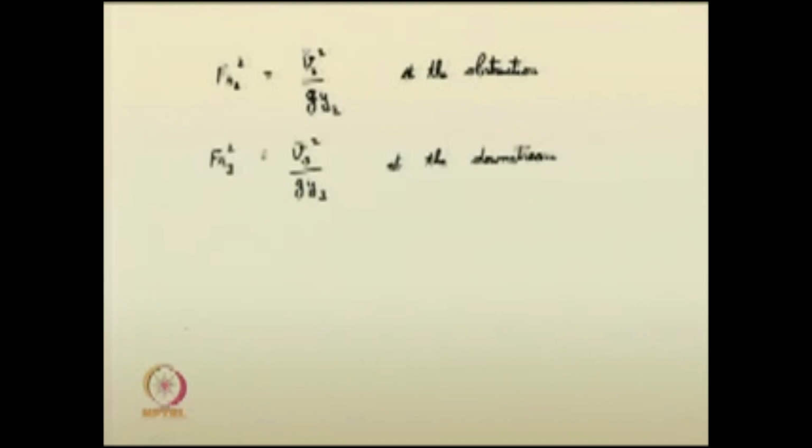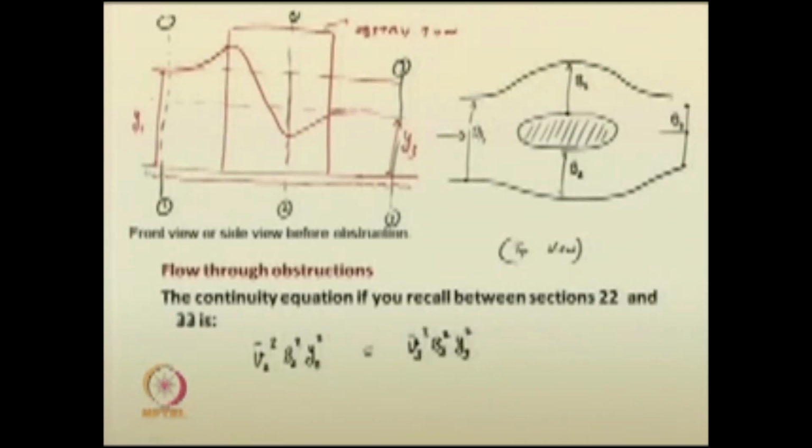So, you can now use this Froude number criterion. Also, assume a parameter. Say we are dealing with an obstruction, so you have B1, the width of the rectangular channel at the upstream, B2, sorry, here it is B2 by 2, B2 by 2.